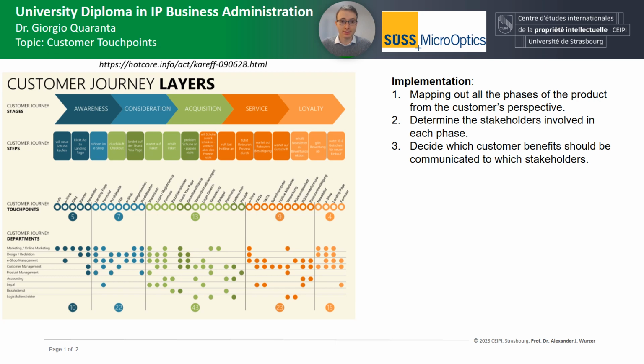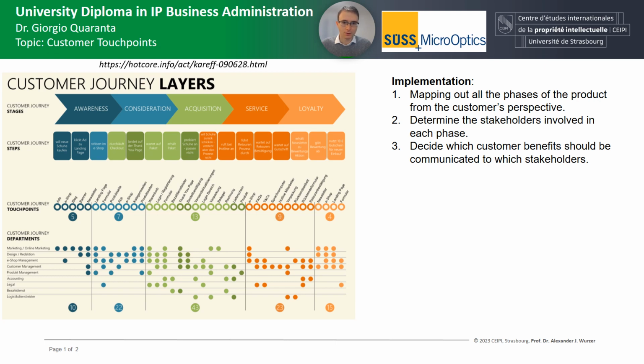Once the customer touchpoints are defined, we now need to assign and find the departments, meaning the stakeholders which interact with those customer touchpoints. It's important to emphasize that those departments are not only the buyers or the sellers, but can be, especially in B2B business, a lot of different stakeholders, from the designer team to the packaging team to the buyer team, and so on and so forth.